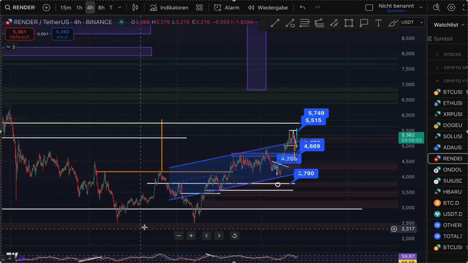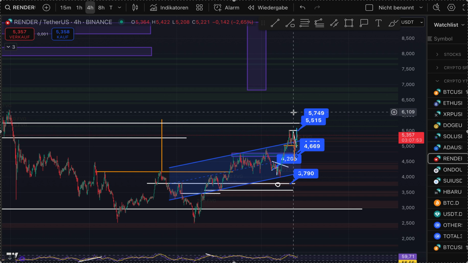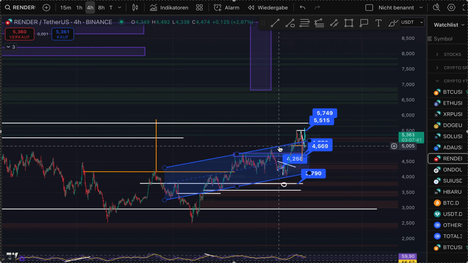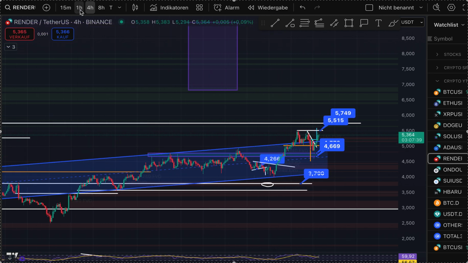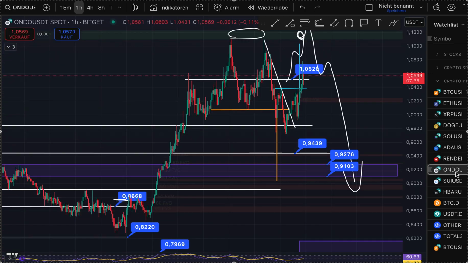The target of the double bottom pattern from the past is the $5.87, but the $5.75 I have showed you is important resistance where we should bounce. I would say it is dangerous, because anytime there we can also sell off a lot, and I don't want to be in a long trade if we sell off. So let's move on to ONDO.